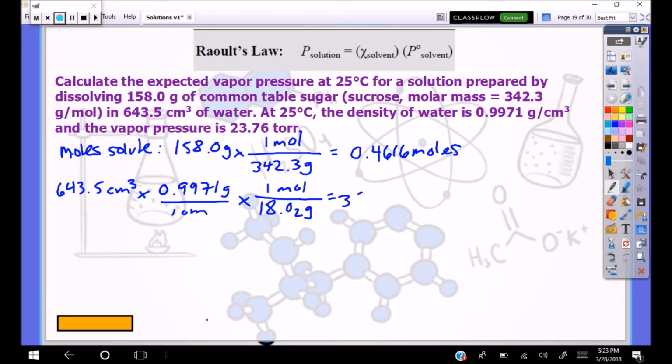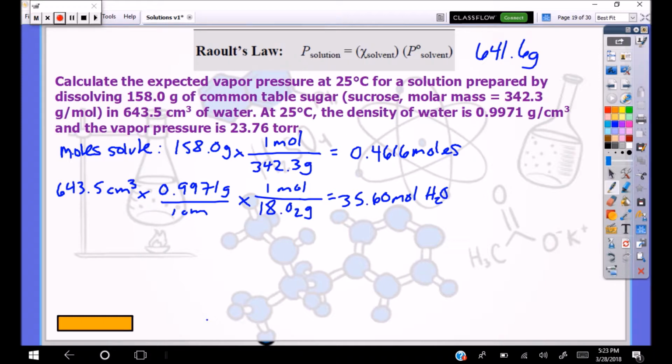We end up getting 35.60 moles of water. If you really wanted to know the grams, we started with 641.6 grams. That was my in-between step. So I multiplied by my density, got 641.6, and divided that by 18.02 and got 35.60 moles of water.